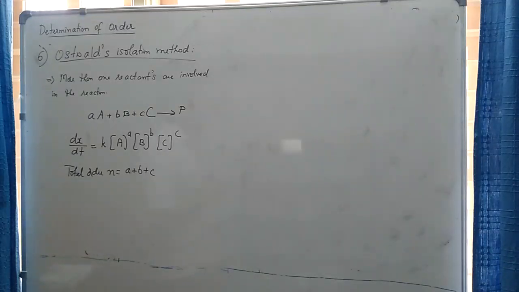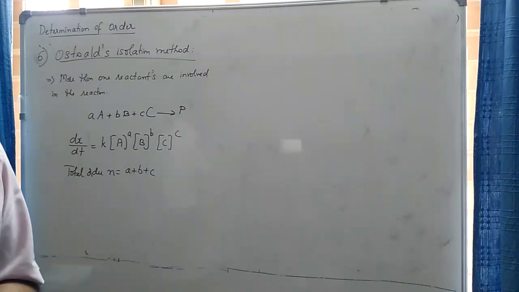So when I say I am determining the order of the reaction with respect to a reactant A, it means I am finding out how the rate of the reaction varies with respect to the concentration of the reactant. So first let us try to find out the order of the reaction with respect to reactant A. That is, I am trying to find out how the rate changes as the concentration of the reactant A changes.